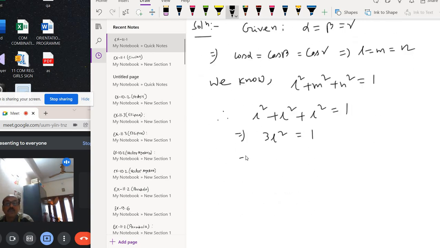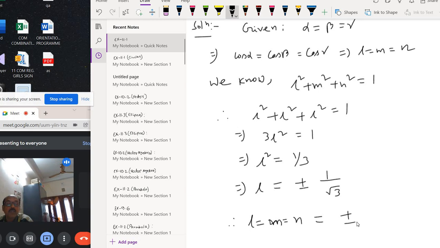So L square equal to 1 by 3, L equal to plus minus 1 by root 3. So L equal to M equal to N equal to plus minus 1 by root 3.